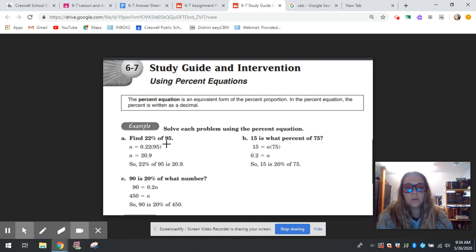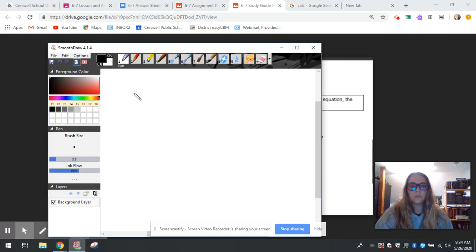Find 22% of 95. So you write 22% as a decimal, which you do by just moving the decimal to the left 2 times. So I'll show you here on Smooth Draw. So I have 22 as a percent.